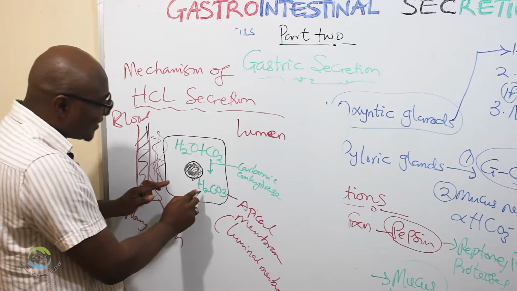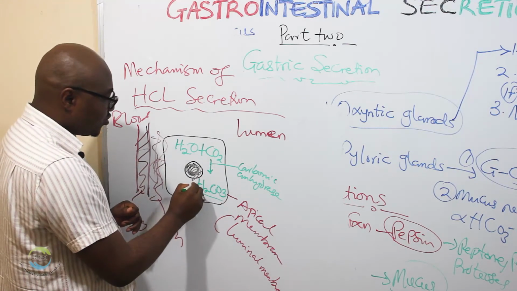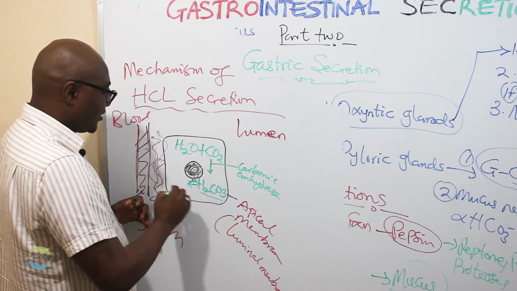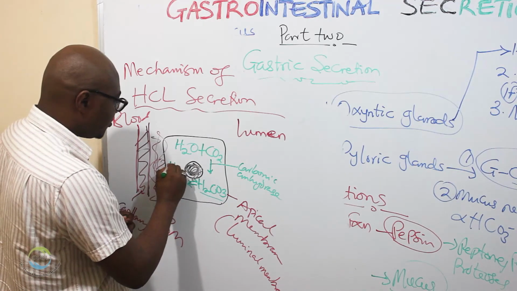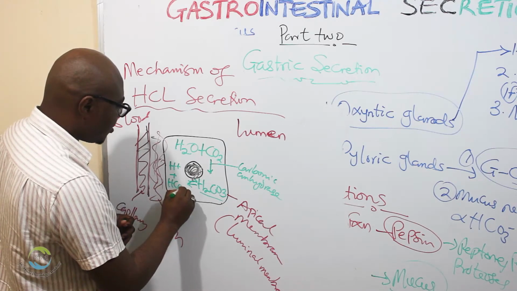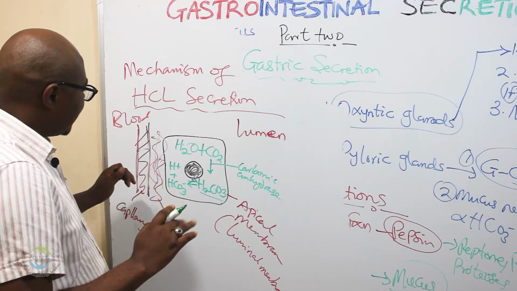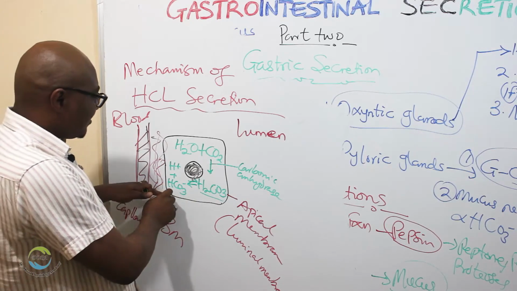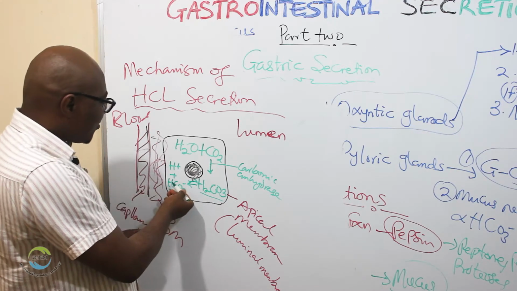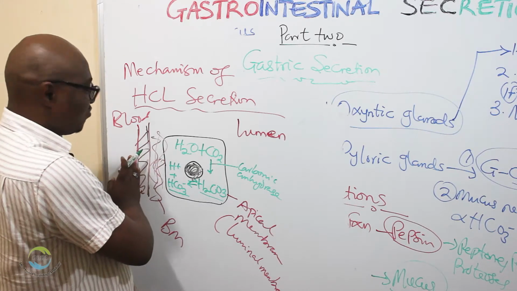So what happens is that this carbonic acid is very unstable. It usually dissociates. It can go either way, okay? It can dissociate and it gives you H plus and HCO3 minus. Now, this bicarbonate, HCO3, will diffuse and enter into this blood.